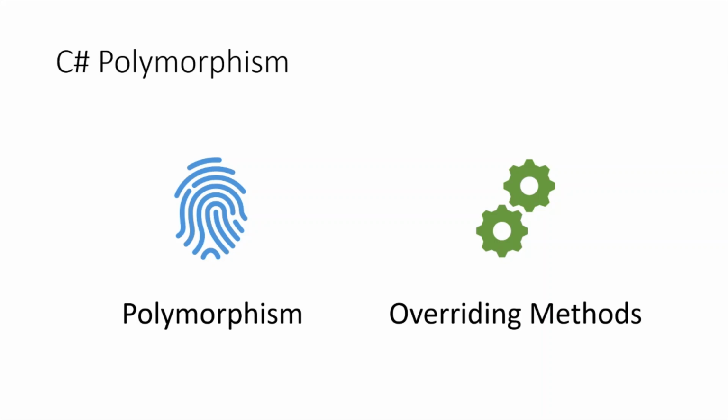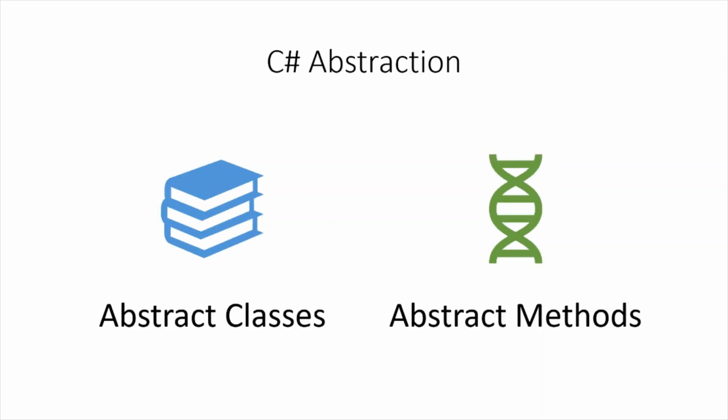Next is abstraction. What we studied till now was encapsulation, inheritance, and polymorphism. Now we are going to study abstraction. We can create abstract classes and abstract methods.